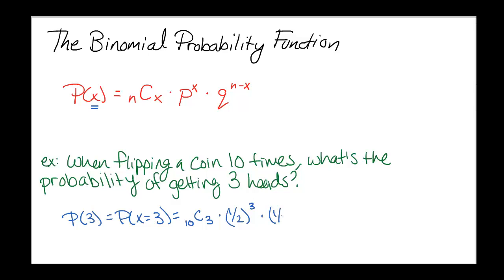Our probability of failure is also 1/2. In general, these p and q don't have to be the same, they just are when we're flipping coins. And then the power on our q is 10 minus 3, or in this case 7. We would compute this out, and this would be our probability. This one comes out to about 12%.